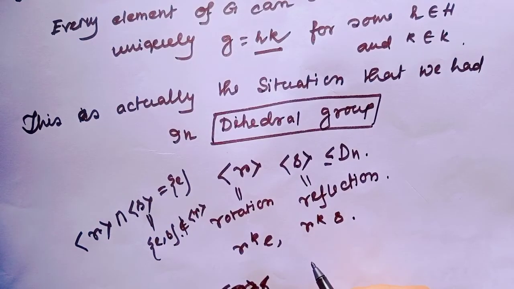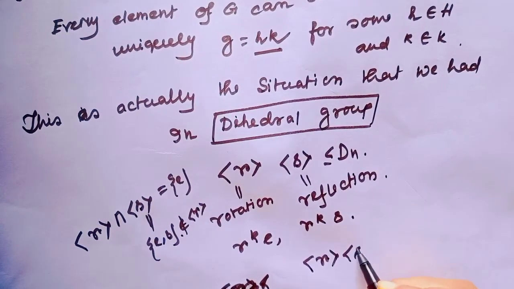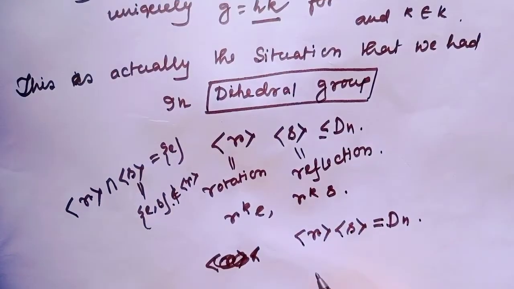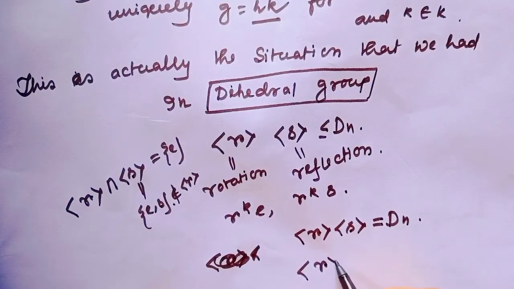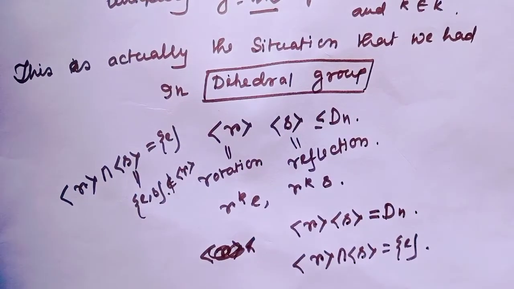That means we have got the product of these subgroups is the whole entire group Dn, and the intersection of these subgroups is only the set containing identity.